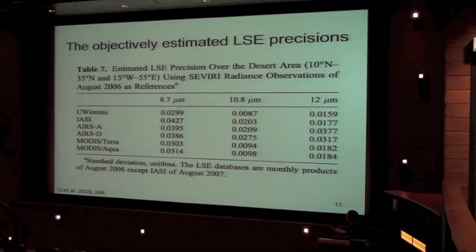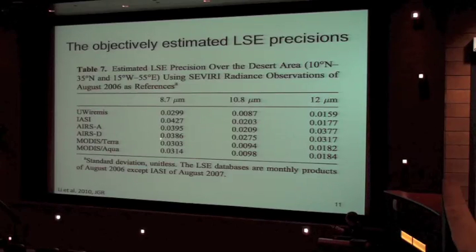These are the precisions. The UWIREMIS image is clearly a winner. For 8.7 micron, the precision is just smaller than 0.06. 10.8 is smaller than 0.01. 12 is 0.016. And it's very close to the operational MODIS product, but with slight improvement.